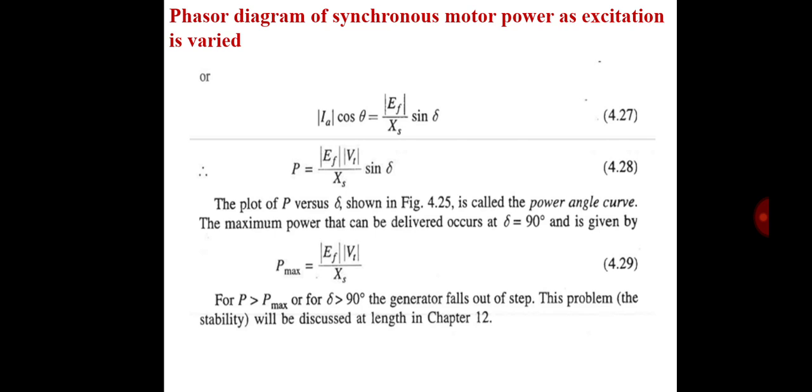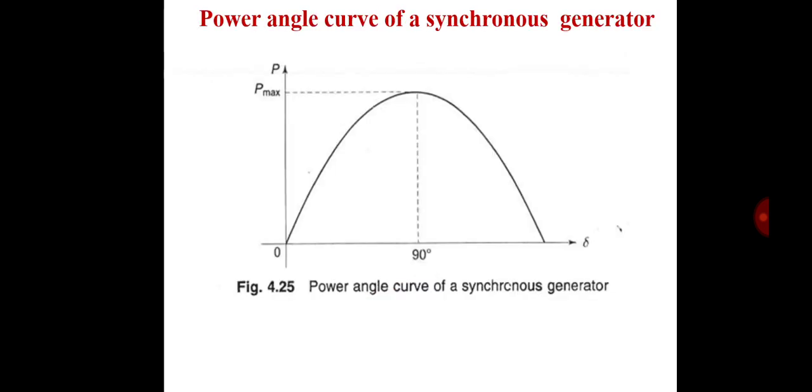At that time P is maximum. So P maximum is equal to Ef into Vt divided by Xs. For P greater than P maximum, or delta greater than 90, the generator falls out of step. This problem will be discussed in the next chapter.